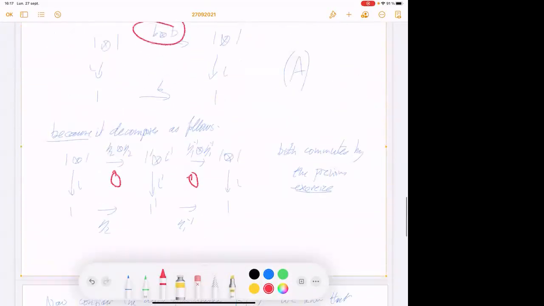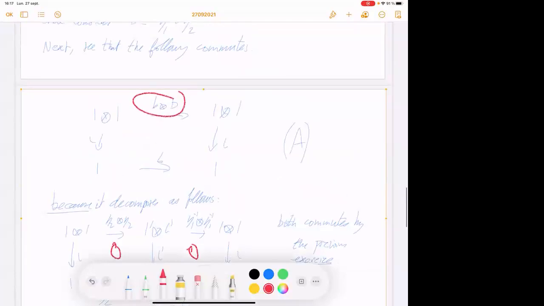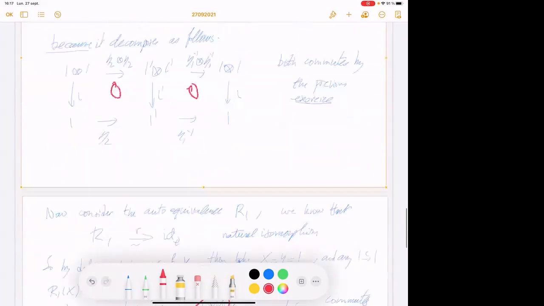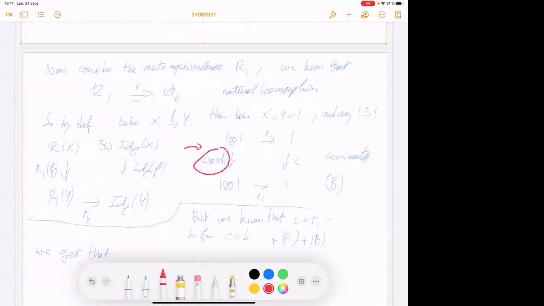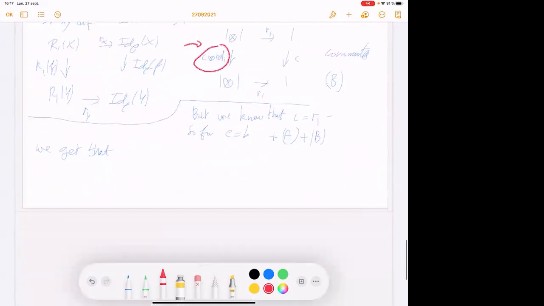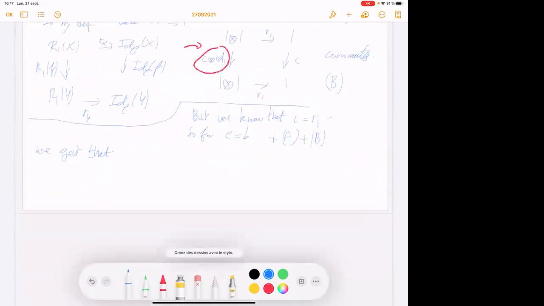Because both diagrams commute and everything is isomorphism. So you can write B tensor B as something. Here you can write B tensor ID1 as something, but these somethings are the same. So you have B tensor ID1 equal B tensor B.